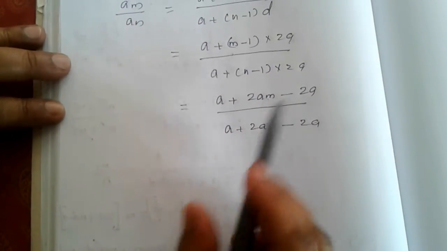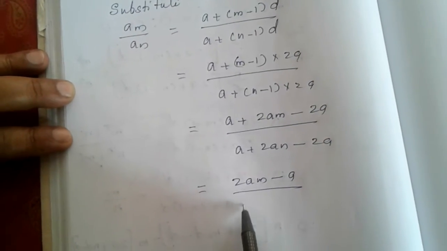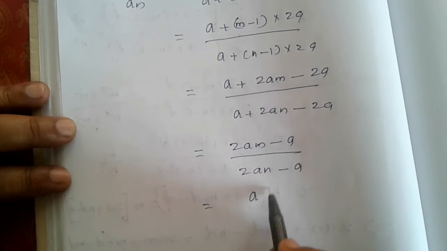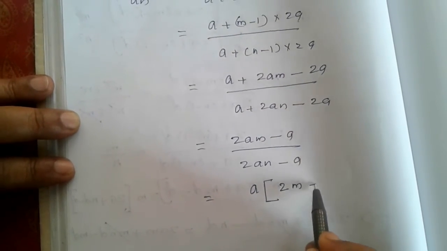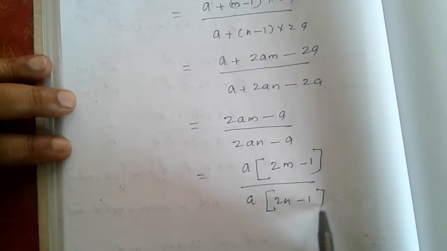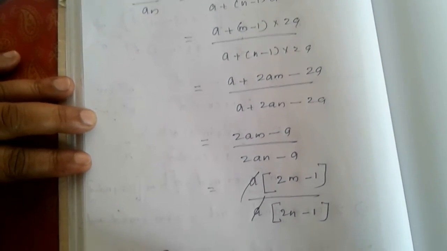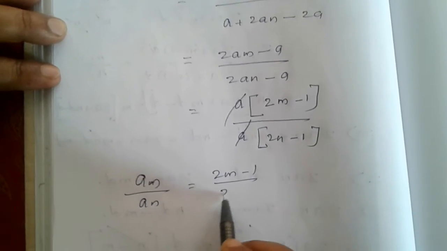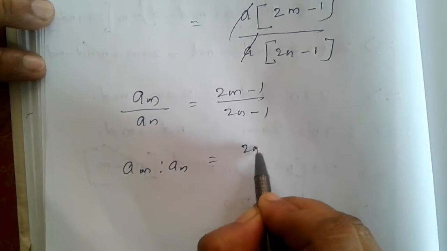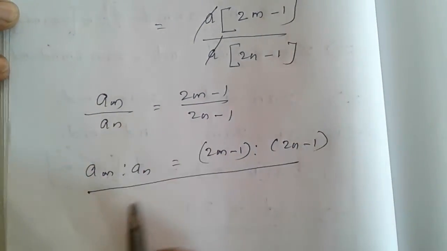So simplifying, a minus 2a is minus a. So we are getting 2am minus a by 2an minus a. Now taking a as common factor, we get a into 2m minus 1 by a into 2n minus 1. a gets cancelled. So we are getting am by an equal to 2m minus 1 by 2n minus 1. That is am is to an equal to 2m minus 1 is to 2n minus 1. Hence we find the answer.